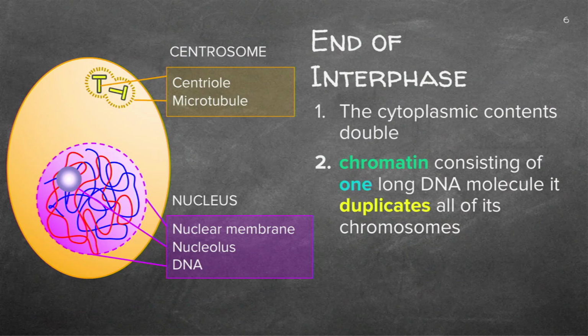Let's just look at what happens at the end of your interphase, because we're doing cell cycles, so it's got its steps. So what we have here are centrioles. These centrioles are microtubules. Now, microtubules are tiny. Tubules are like tubes. Think of them as straws.